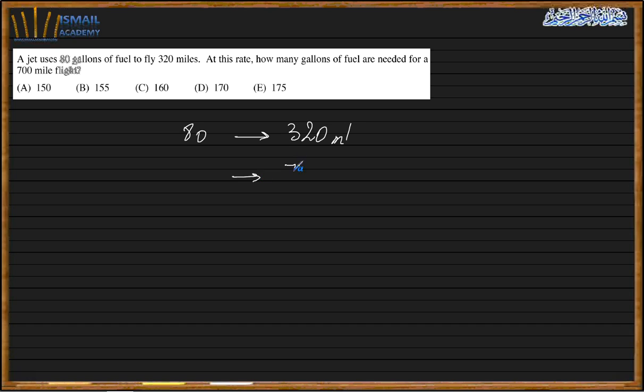If I want to fly 700 miles, how many gallons do I need? So what I do here, I cross multiply, this times this and this times this. So I get 80 times 700 equals 320 times x. Then I divide both sides by 320.